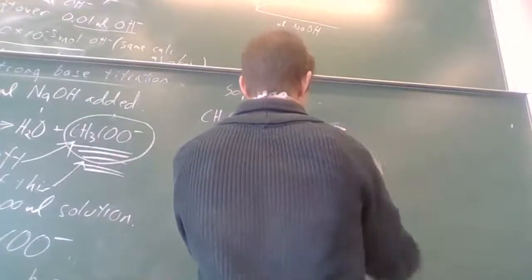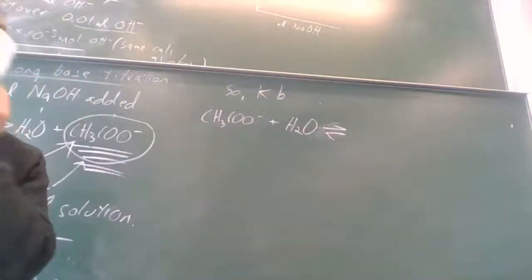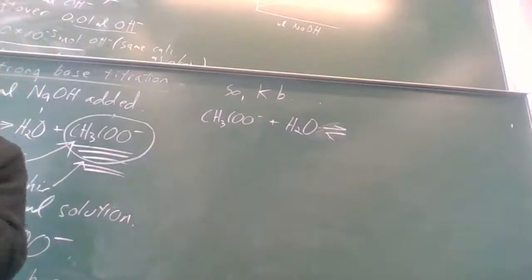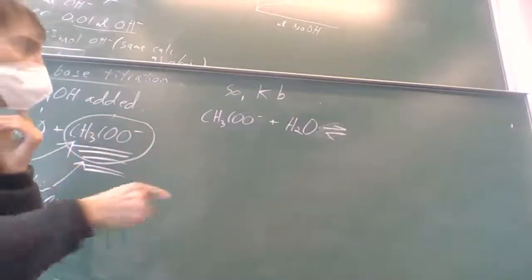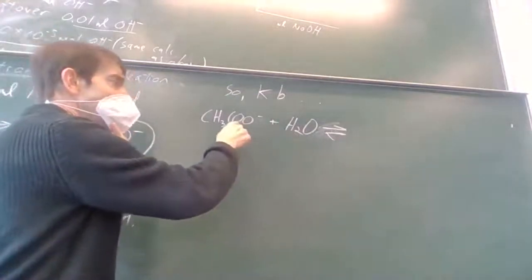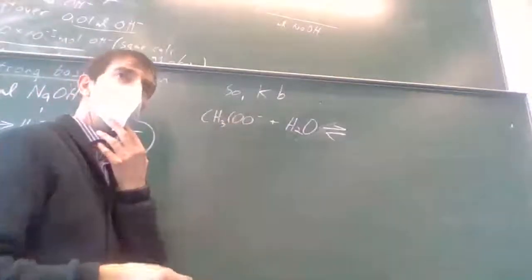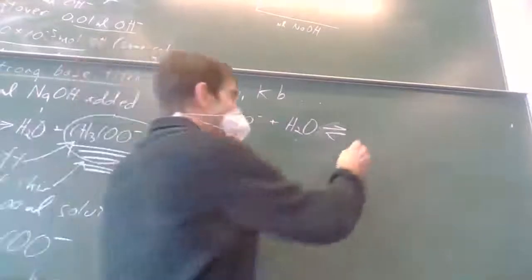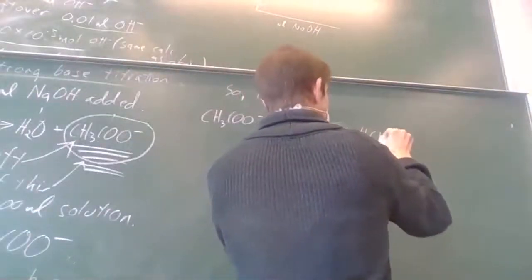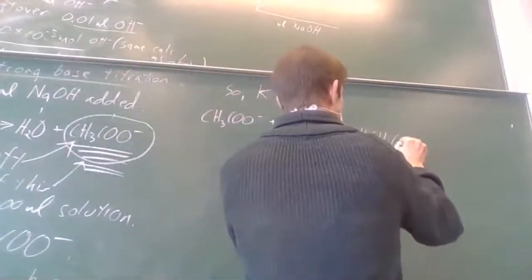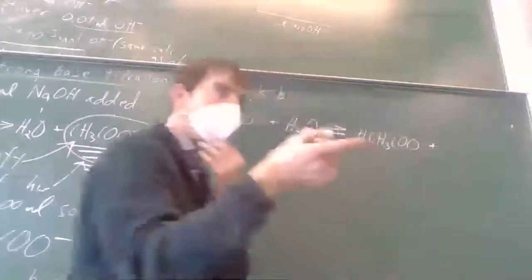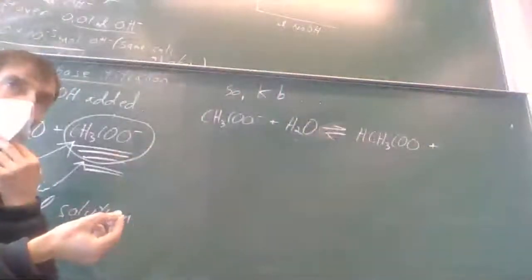So just like we did with some of the anions when we talked about salts the other day, it's going to split up the water. What part of the water is this guy going to grab onto? What's it going to take off the water? H plus. So I got CH3COOH, and then what's left if I take off the H plus?